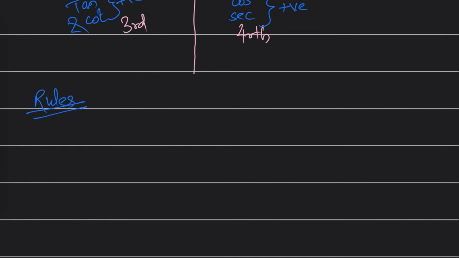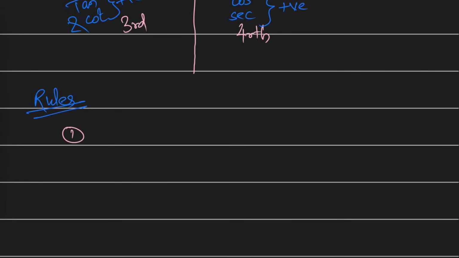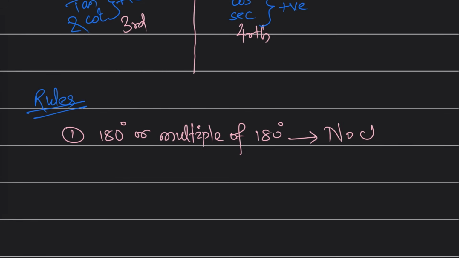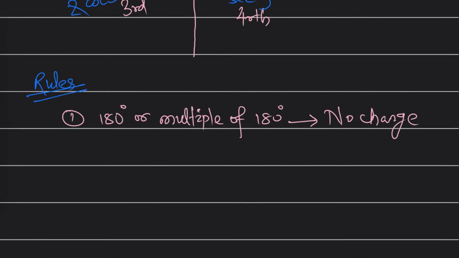Rule number 1: whenever you see 180 or an integer multiple of 180, meaning 1, 2, 3 times 180 degrees, you just say with me, it will have no change. I will let you know what no change means.